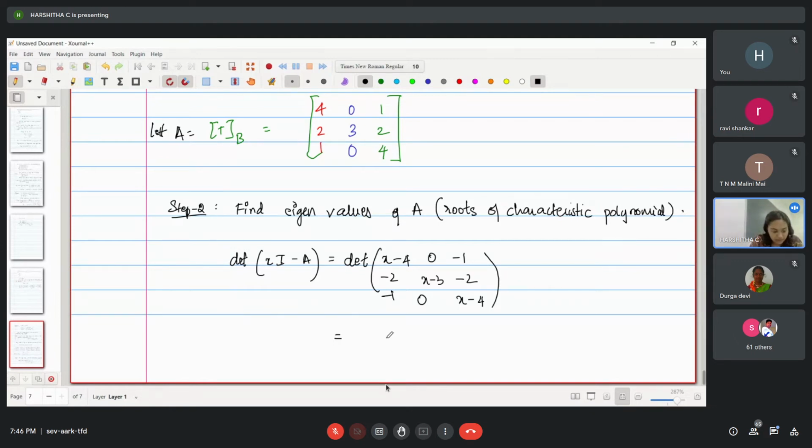This will turn out to be (x minus 5) into (x minus 3) the whole square.